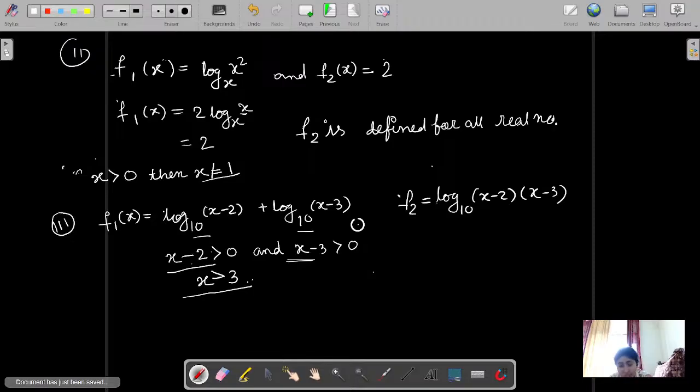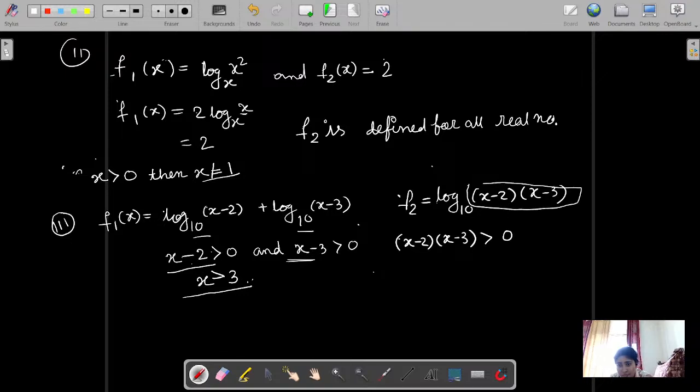So see here, to get this f2 defined, as per our previous slide, as per the condition of log, this should be greater than 0. That is what I am writing.